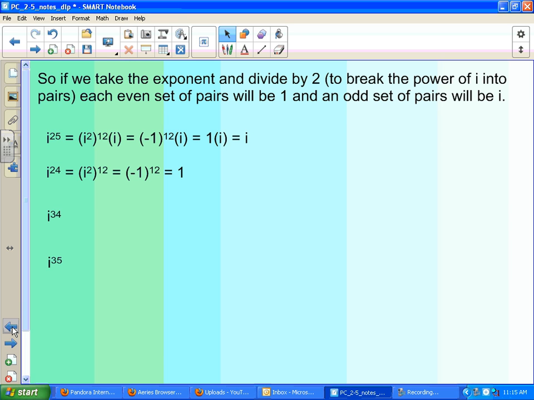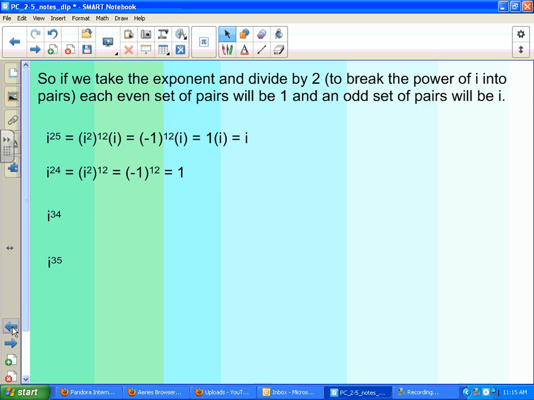And then I have an i left over, so I have i as i to the 25th. There's an example of the 24th power. We just did that one. i squared to the 12th power becomes 1. So this is just considering how many i squareds are going into that power.